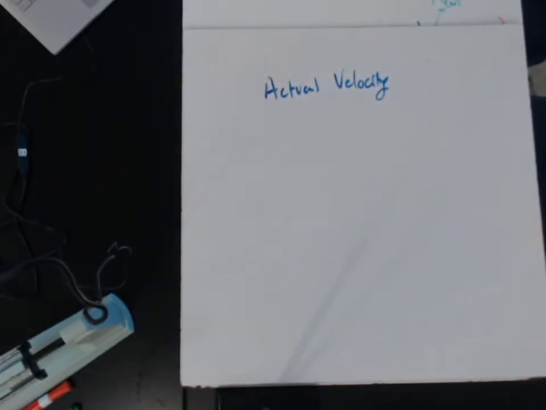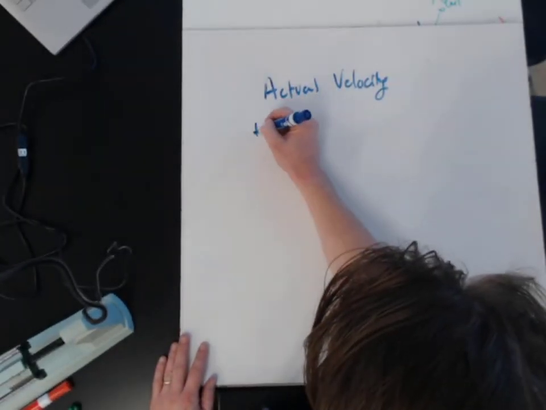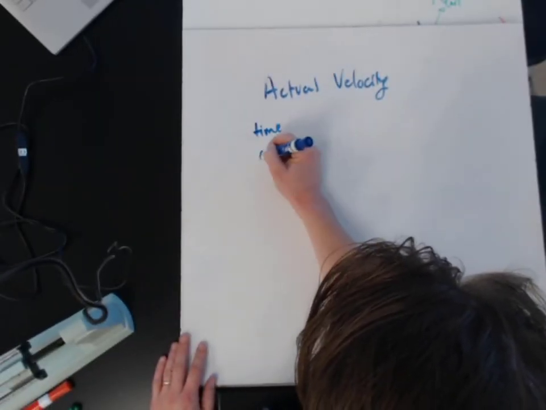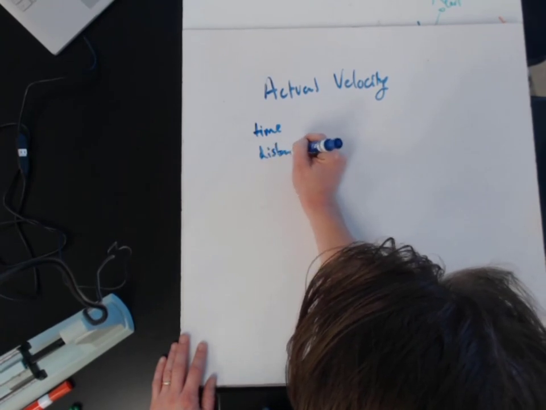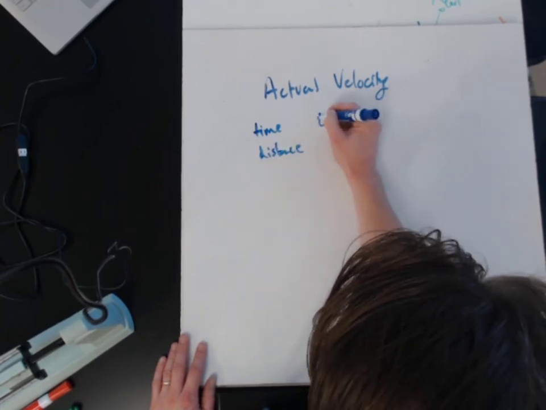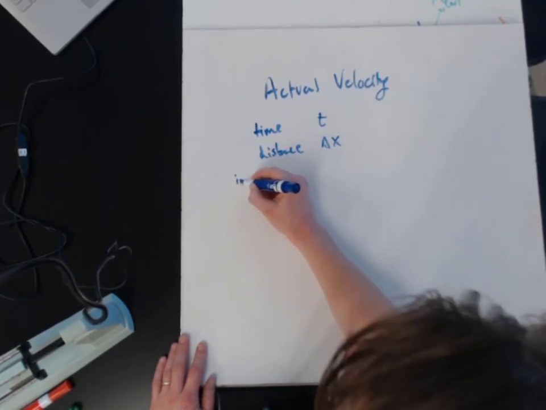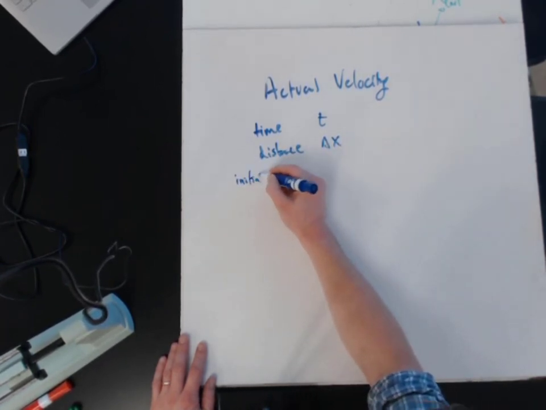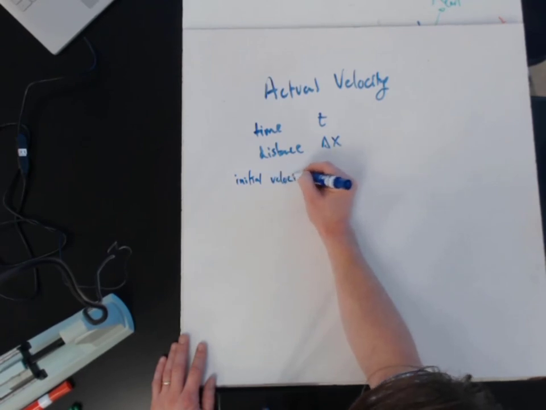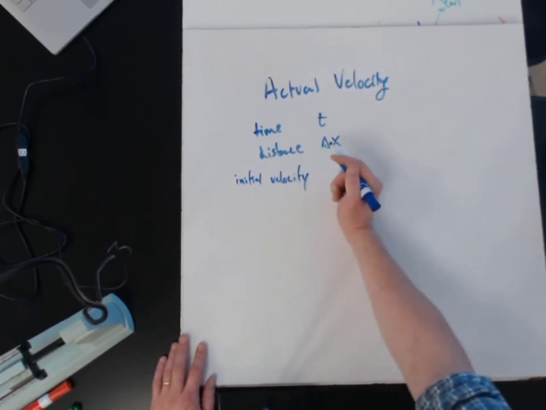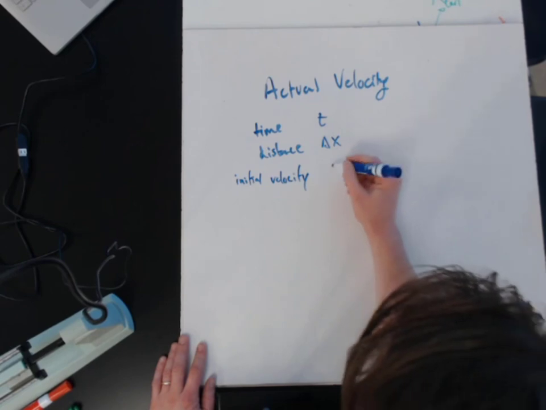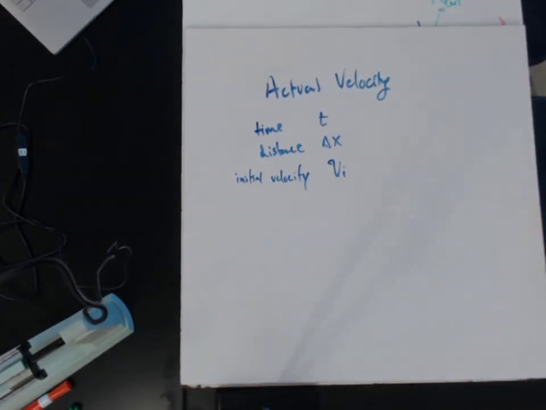When it gets to calculating the actual velocity of our cart or weight, there are a couple things we could do. We do have our time, and we do have distance values, or displacement. So we've got t, we have delta x, we know the initial velocity, and remember the velocities are always the same for the weight and the cart because they're connected, but the initial velocity, vi, we know that's going to be 0.